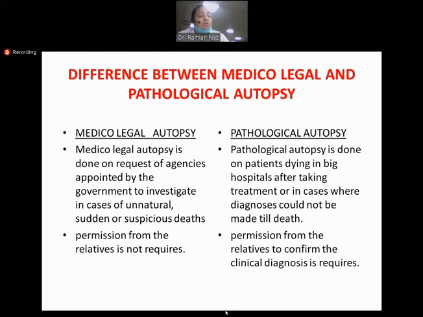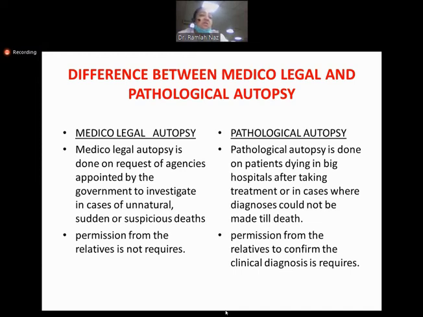So no permission from the relatives is required, because you have to rule out foul play behind that unnatural or suspicious death. So there is no need to take permission. Only the legal authorities will give you the permission to perform that autopsy, and you will do that job.